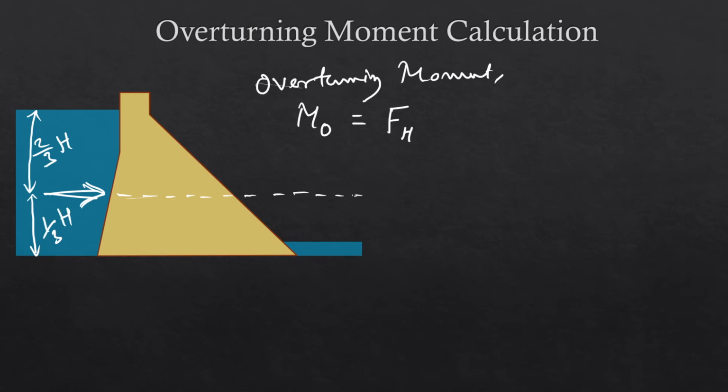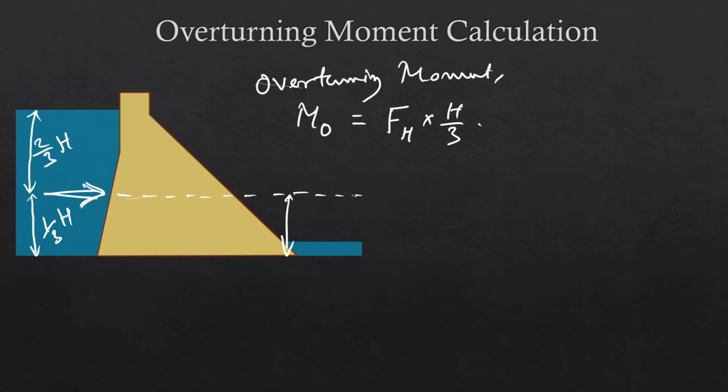In this case, we need the distance from the bottom, which is the level of the toe itself. So this distance is 1/3 of h. So we'll multiply this hydrostatic pressure force with its distance from the toe, which is h by 3.